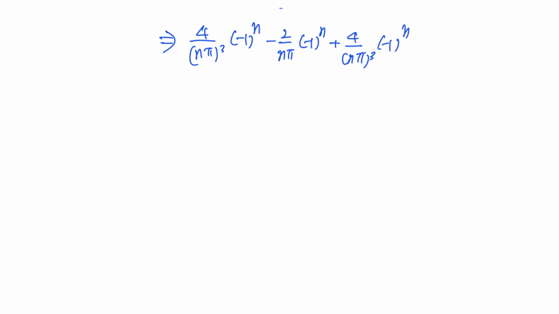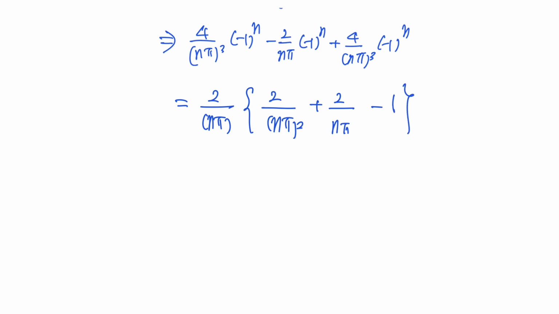So combining them together, we can get 2 over n pi square plus 2 over n pi, minus 1 to the n. This is the coefficient.